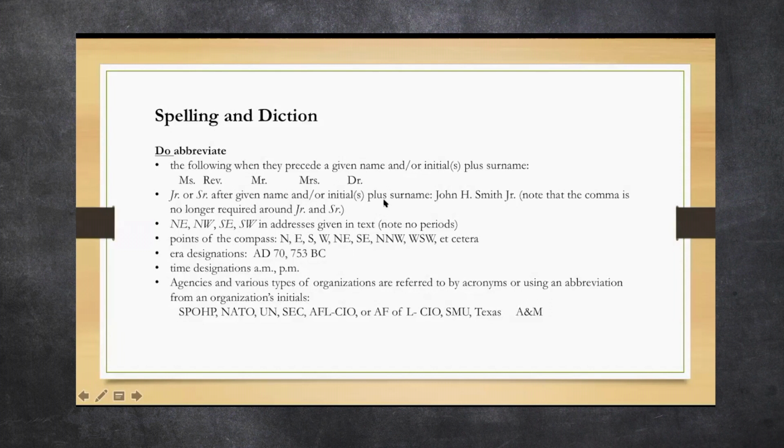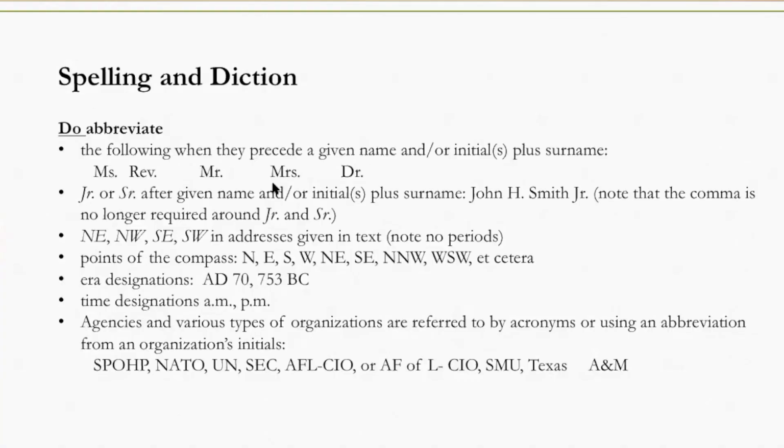So these are the abbreviations that we are often fine with: Mr., Mrs., Reverend, Doctor. There's some people who are juniors and seniors in their families, and that's perfectly fine to write them out after their name. The directional signs, north, east, southwest, all of those can be written out as well. AD, BC, the eras, these are basically all the proper abbreviations that you can put on here.